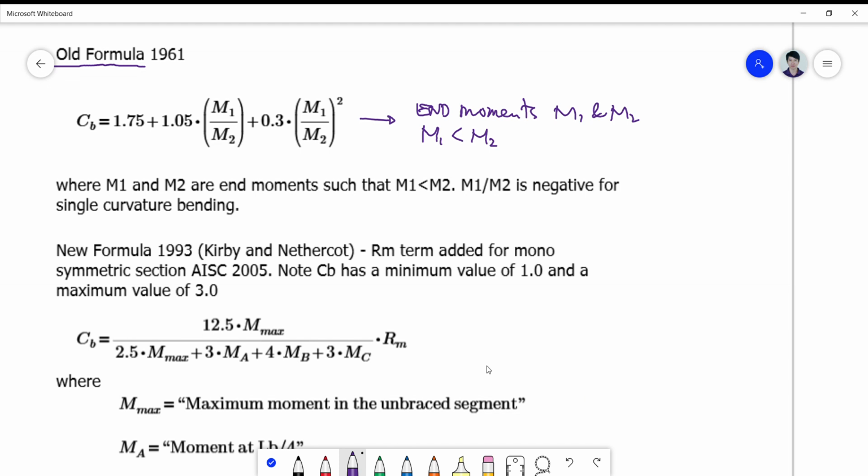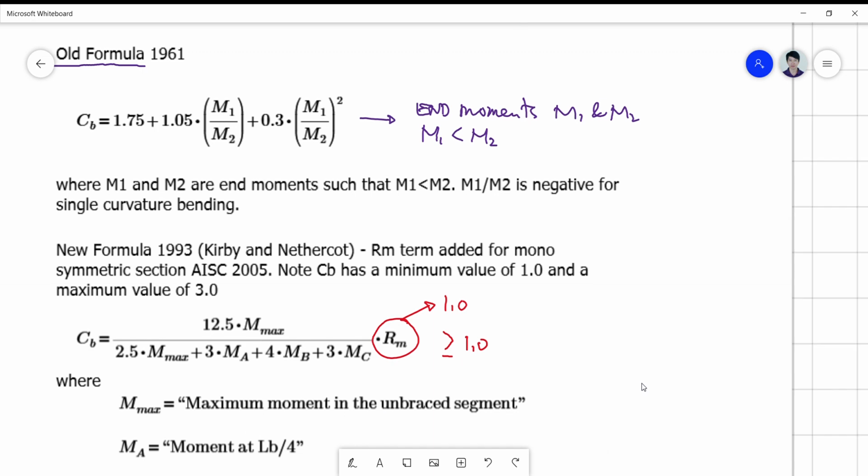So we may consider as a starting point Rm equal to 1.0. And of course, the minimum value of Cb is always greater than or equal to 1.0.